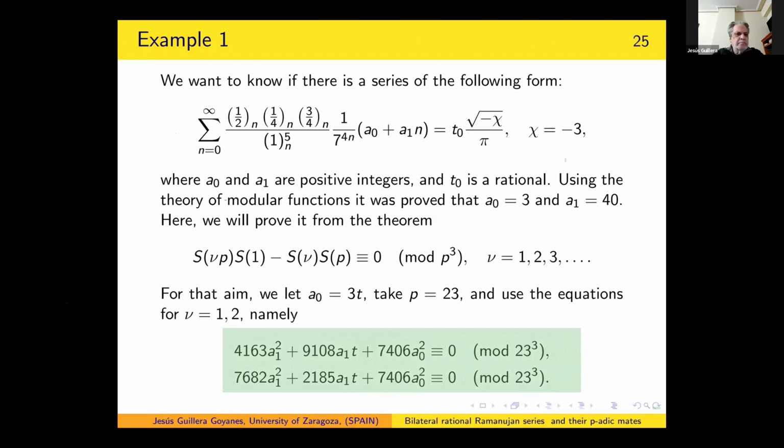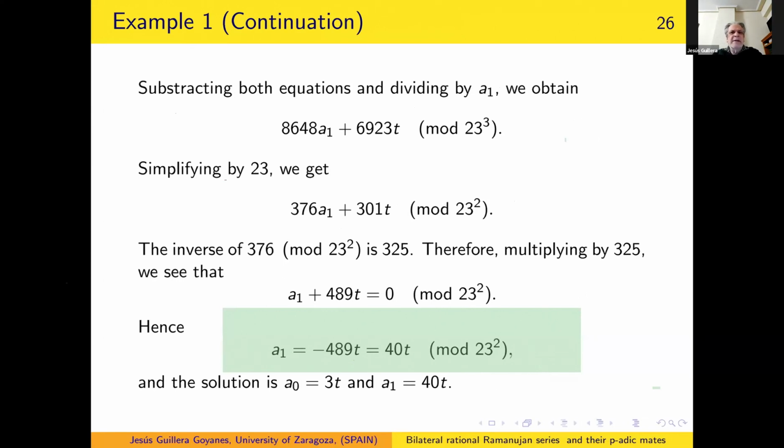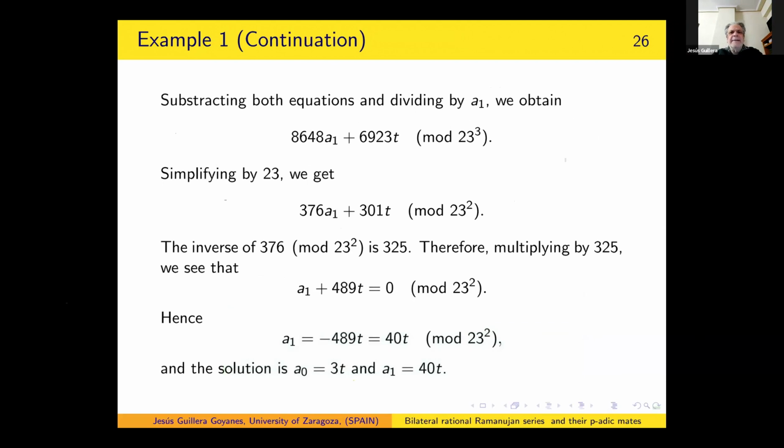We can solve this. We simplify by 23. And we have the solutions. A sub 0, 3t, a sub 1, 40t, which is correct.